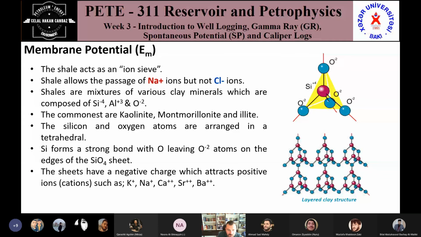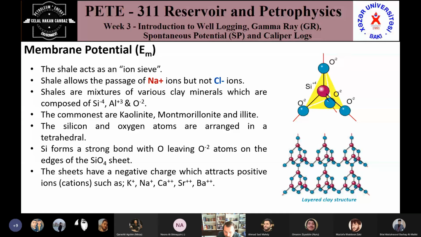The commonest are kaolinite, montmorillonite, and illite clays, right? The silicon and the oxygen atoms are arranged in a tetrahedral structure, as you can see in here. The sheets have negative charge, which attracts positive ions called cations, such as potassium, sodium, calcium, and barium. The membrane potential is based on this mechanism.